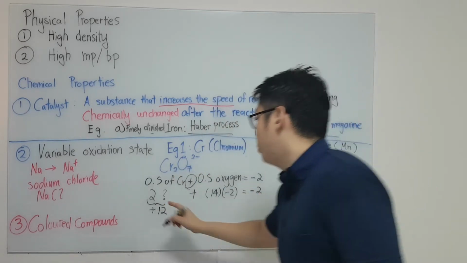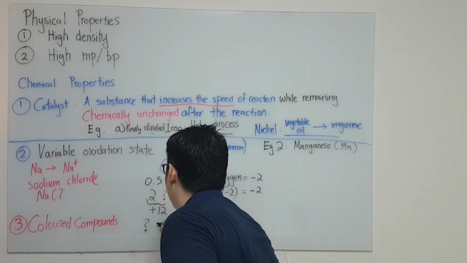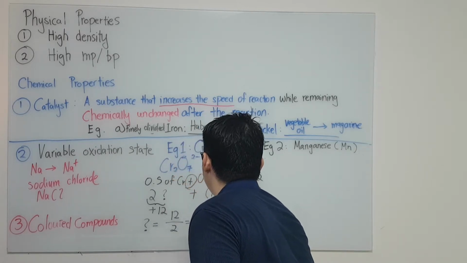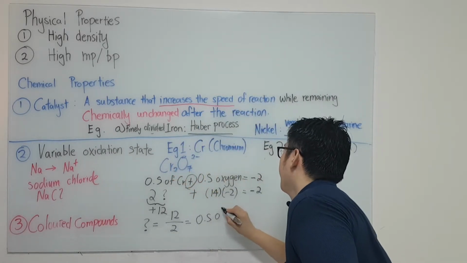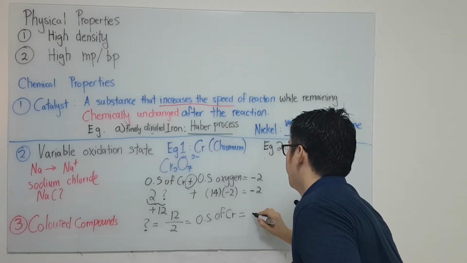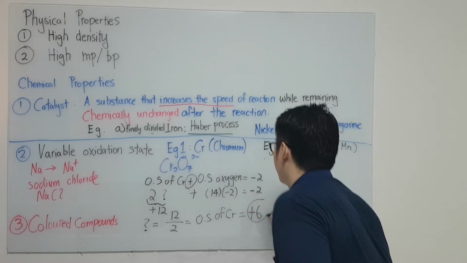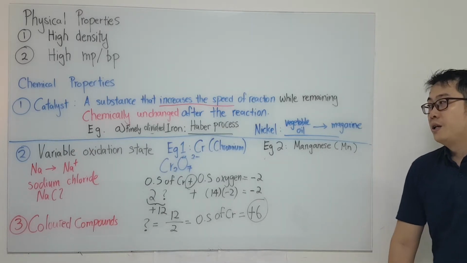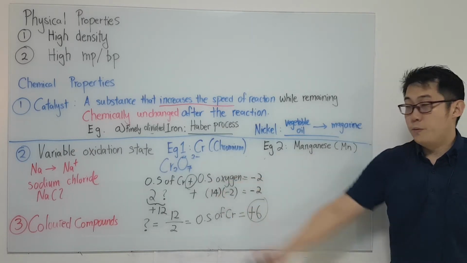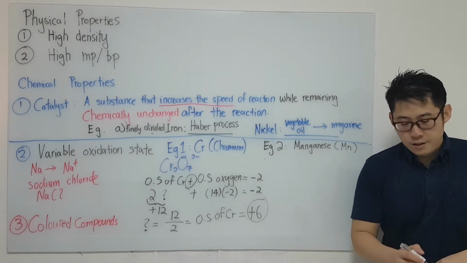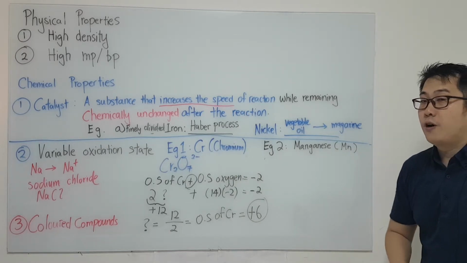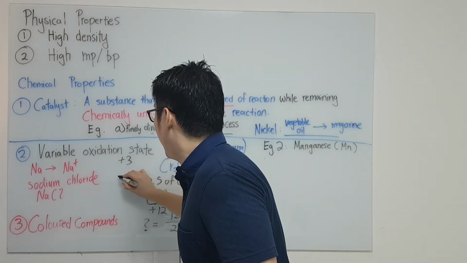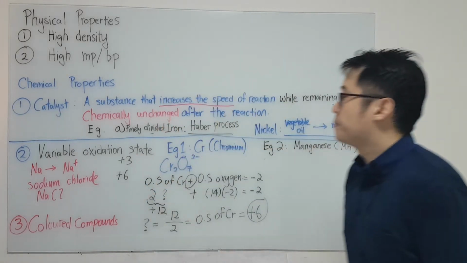And since there are actually 2 question marks here, the question marks become 12 divided by 2, which is the oxidation state of your chromium, which is equals to +6. And that is how you can determine the oxidation state of your chromium. So chromium exists in the form of oxidation state of +3 and +6.